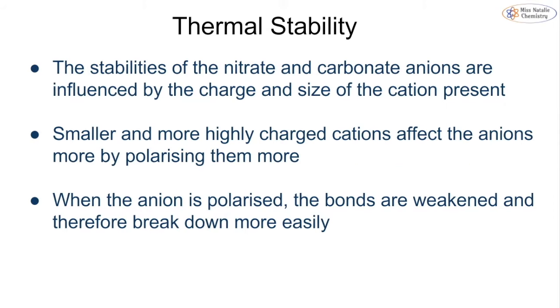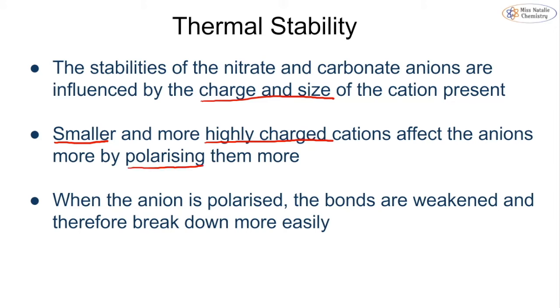Now, the stabilities of your nitrate and your carbonate ions are influenced by the charge and the size of the cation that is present. A typical exam question will ask you to compare two nitrates or two carbonates, potentially with a group 1 and a group 2 cation, and ask you to compare as to why one decomposes and one does not. And these are the points that you have to make. So a smaller, highly charged cation is going to affect the anion more, and it is all to do with polarization.